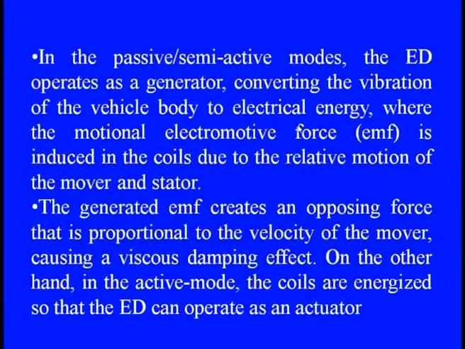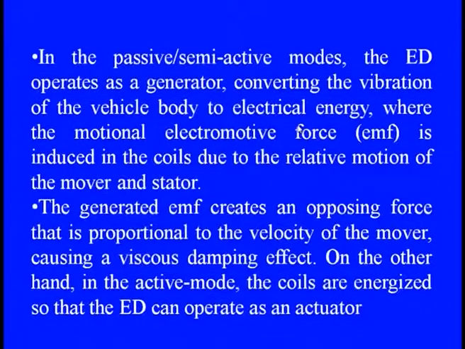This generated electromotive force also creates an opposing force that is proportional to the velocity of the mover within the system, and this causes a viscous damping effect within the entire system. So there is a clear resistance because of the motion of the mover part within the electromagnetic field, and this is the passive feature.